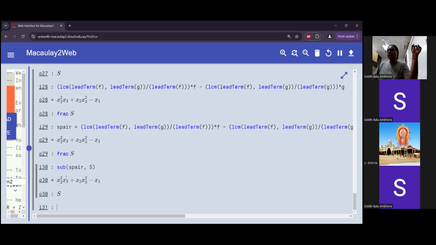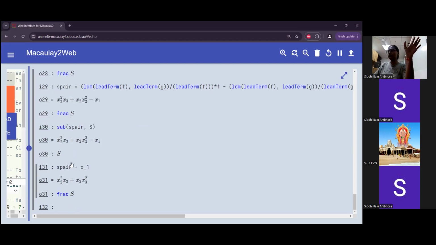It is important because sometimes if I just do S pair plus x1, I wanted to add x1 as a polynomial in S and consider this S pair as an element of S. But instead of considering it as an element of S, it still considered it as a fraction of S, and see what element it is giving me here, S pair plus x1.